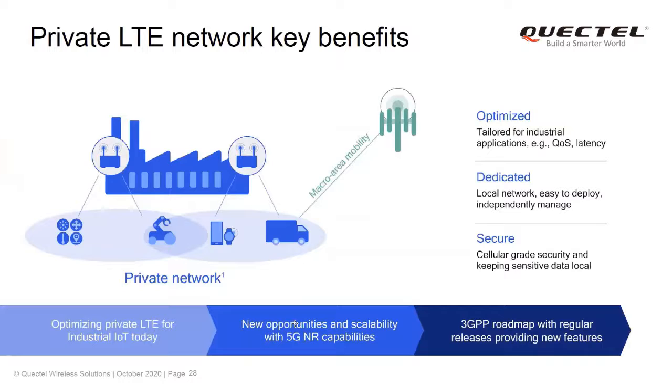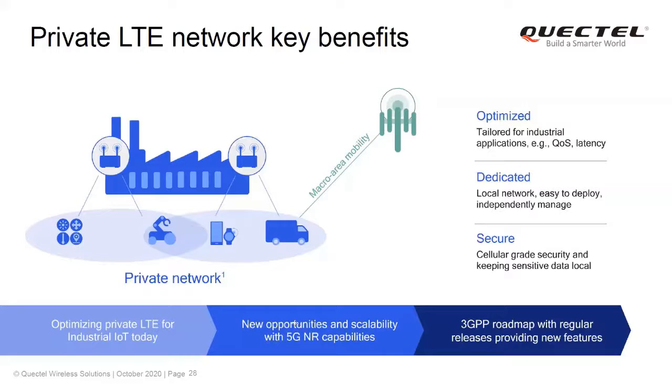So private networks have some key benefits over existing technology. They're optimized, tailored for industrial applications, like they have better latency, better quality of service over normal general conditions. They are dedicated. It's a local network, which is easy to deploy, and it's managed independently.